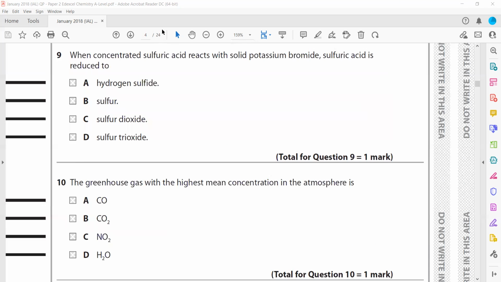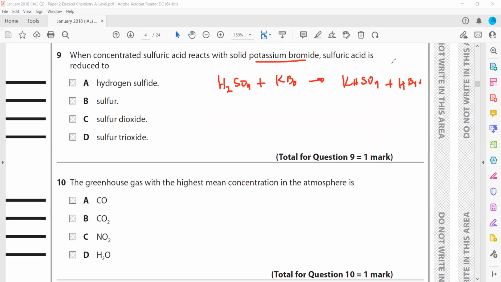When concentrated sulfuric acid reacts with solid potassium bromide, sulfuric acid is reduced. So H2SO4 reacted with potassium bromide KBr will produce potassium hydrogen sulfate plus hydrogen bromide.